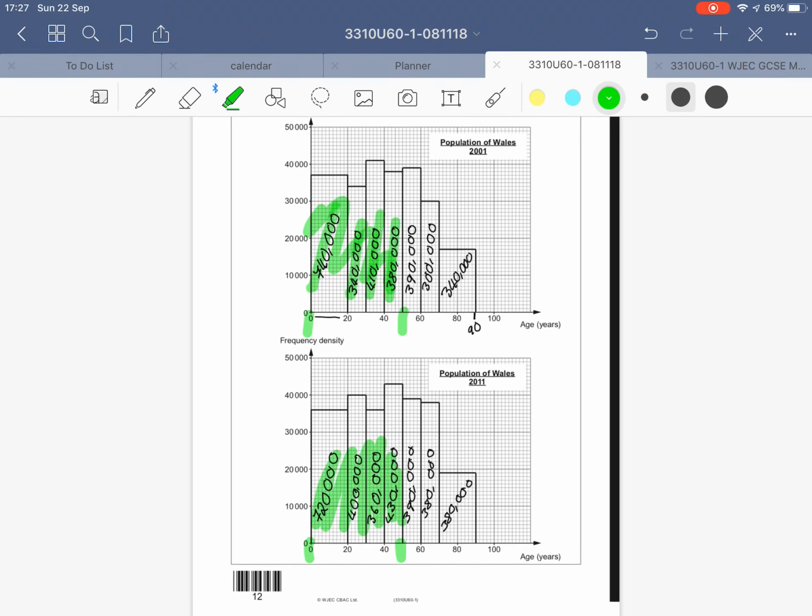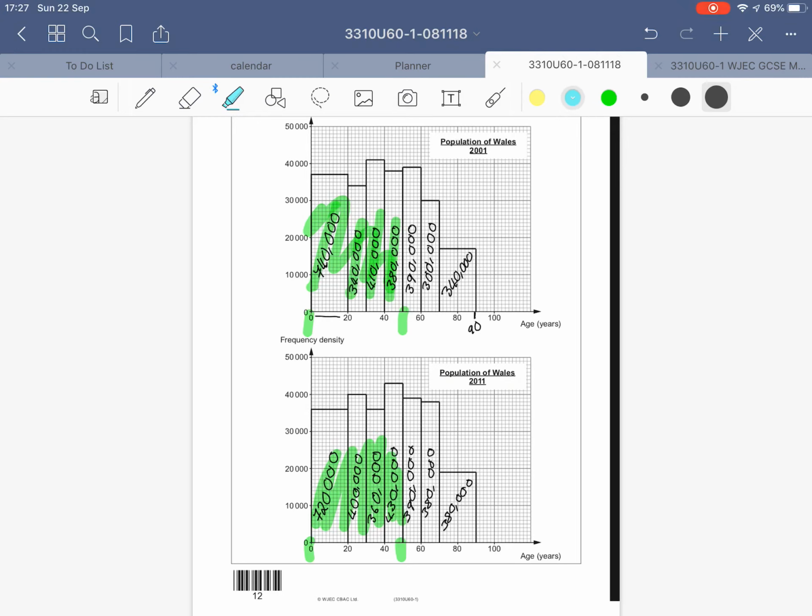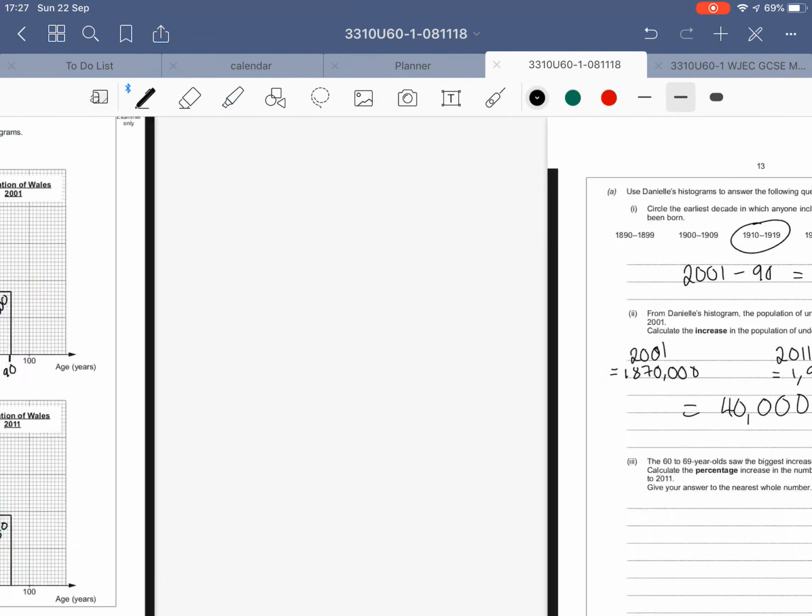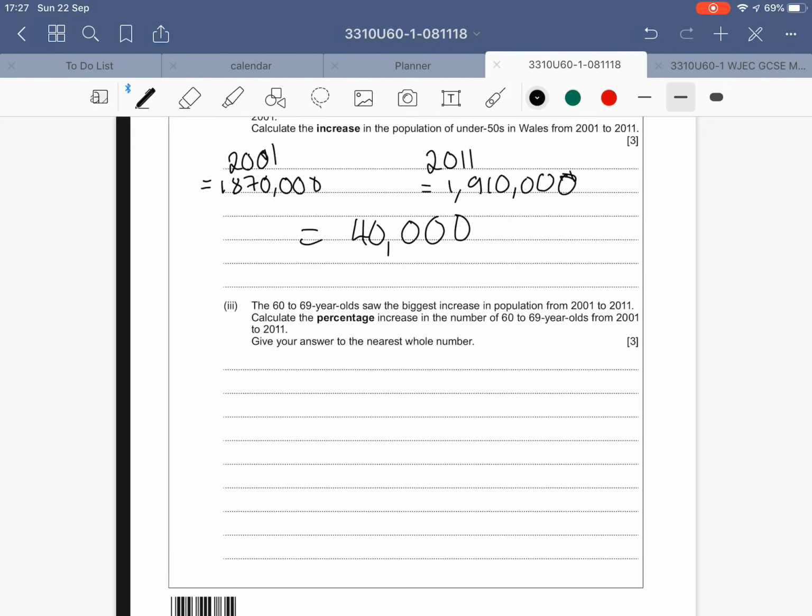So the 60 to 69 year olds are, different colour, 60 to 69, they've got 300 and 380. So in 2001, it is 300. In 2011, so 10 years later, 380,000, sorry.